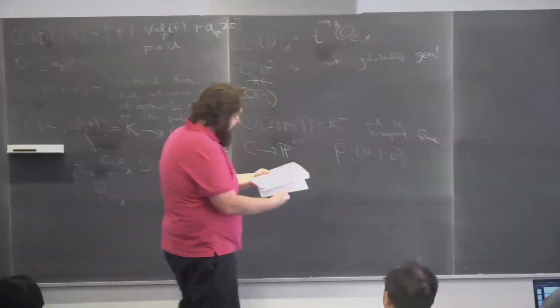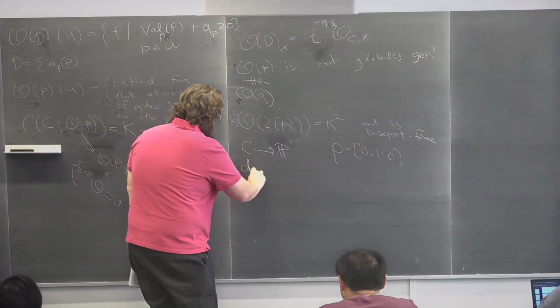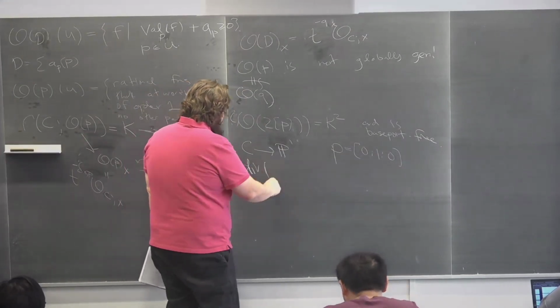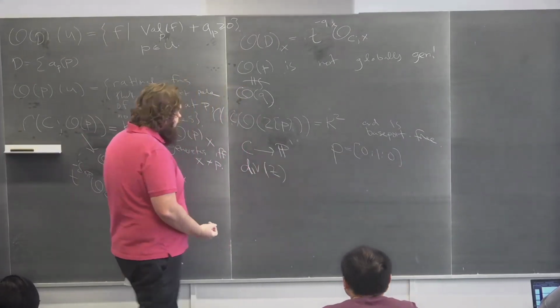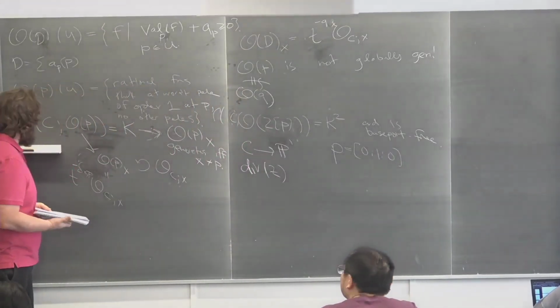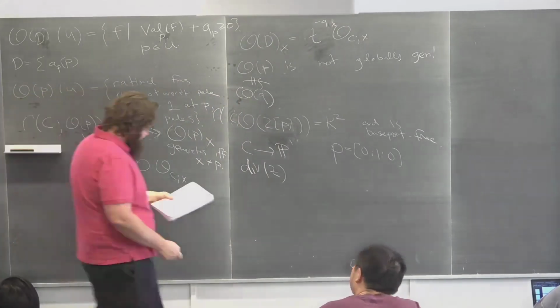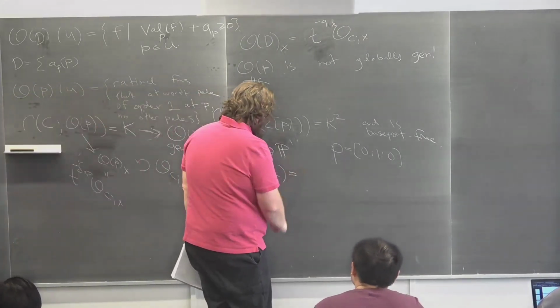All right. So the reason I like this guy is it's sort of well suited to our chosen embedding. So if I look at z, what is z? It's a section of the pullback of O of 1 from projective space. Right.